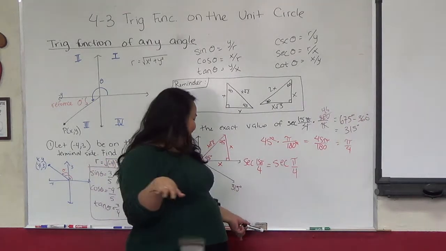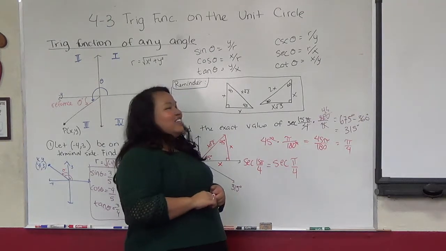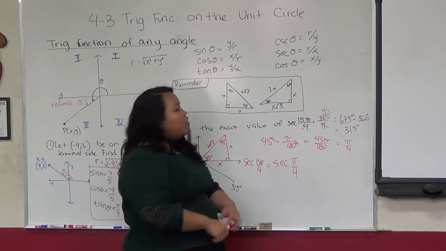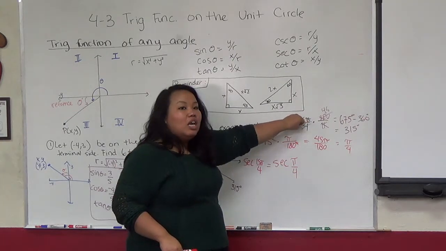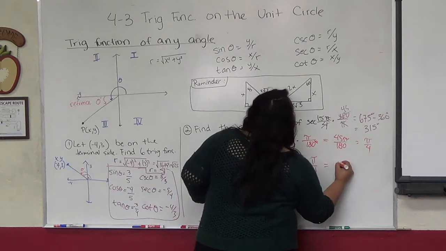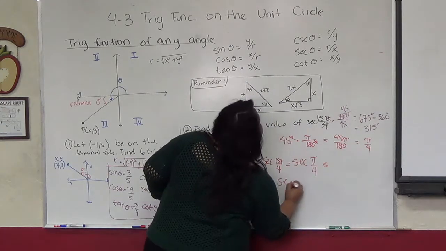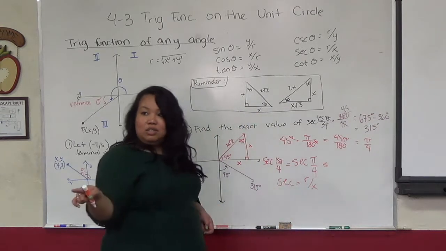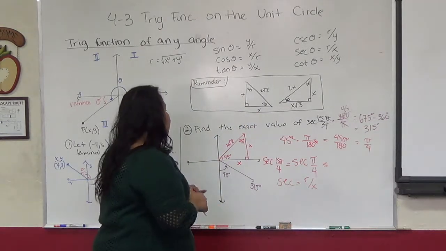Right. So you could just flip it though. No, you can't flip it, because cosine, this whole thing is one value. Secant is r over x. You with me? Okay.